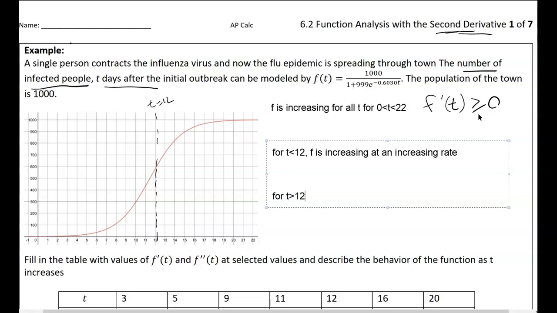For t bigger than 12, f is increasing at a decreasing rate. So in other words, in this region, growth is slowing down. So most people have already gotten sick, right? And it's spreading more slowly. Overall, the number of people who are sick is still going up, but not as quickly as it was before. Okay, so that's what we're interested in studying.